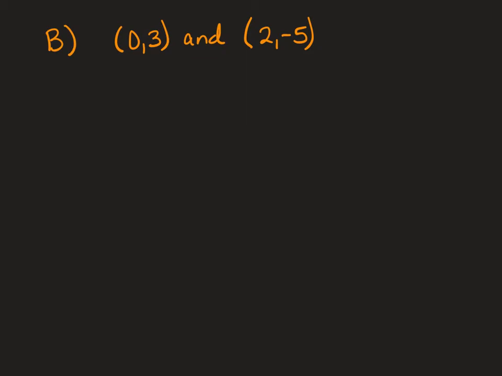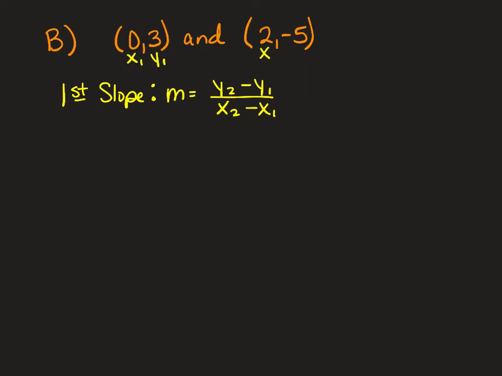Okay, so problem B, we have the points 0, 3, and 2, -5. So we're going to start once again with finding slope between the 2 points. So we use the slope formula, m equals y2 minus y1 over x2 minus x1, or we can call that the change of the y's over the change of the x's. We'll label this first ordered pair x1, y1, and the second ordered pair x2, y2.